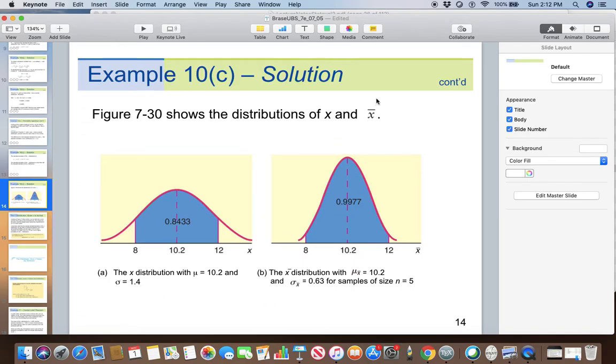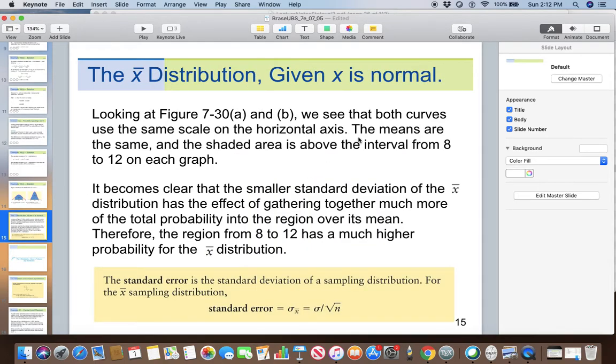So when we are looking at x bar, you usually have a smaller standard deviation around the same mean, and that's the point of the central limit theorem. More data gets scooped up around the same mean. So we see that both curves use the same scale on the horizontal axis. The means are the same.